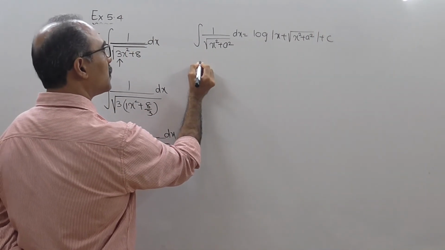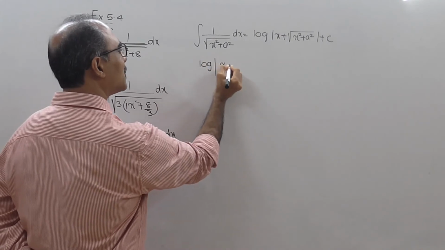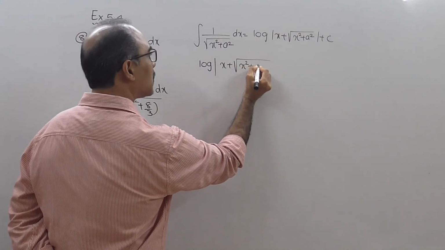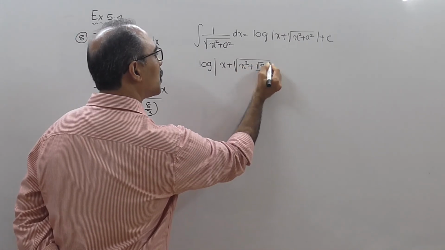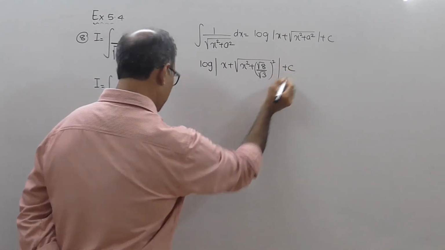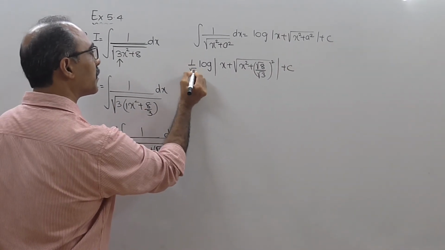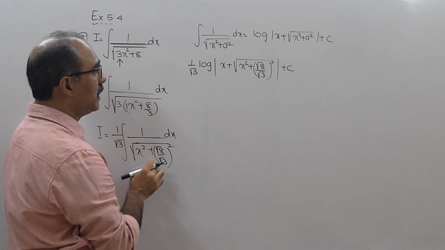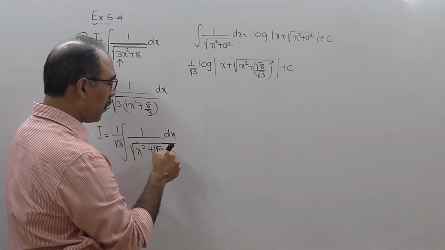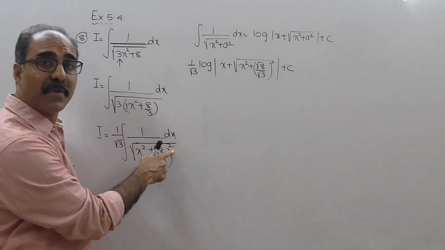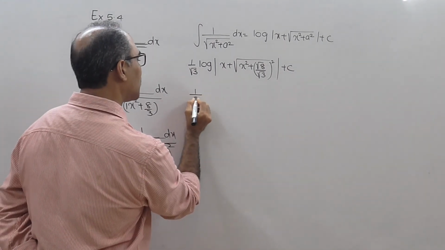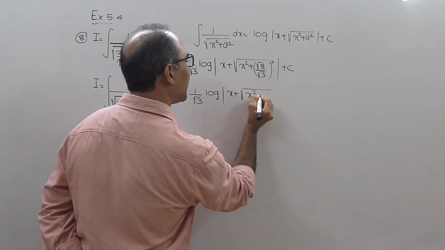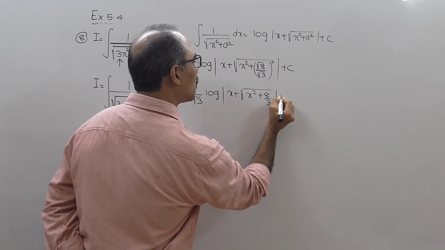So this will be log modulus x is x, root of x square plus a square means x square plus √8 upon √3 the whole square plus c. But don't forget this 1 by √3. This 1 by √3 will come as it is. This is in the form of integration 1 upon x square plus a square under root. The answer is log modulus x plus root of x square plus a square. At the most you can write this as 1 upon √3 log modulus x plus root of x square plus, √8 the whole square is 8 and √3 the whole square is 3.